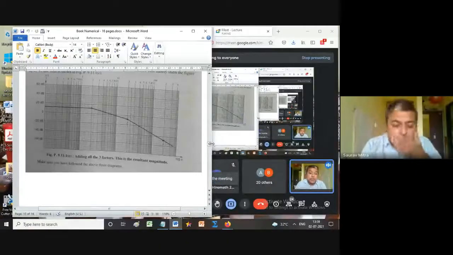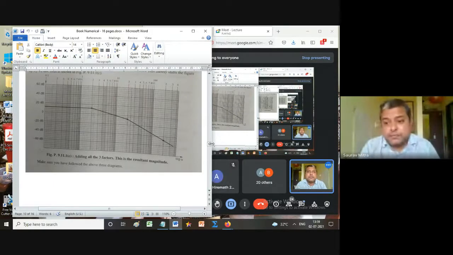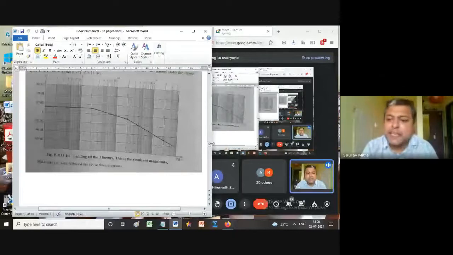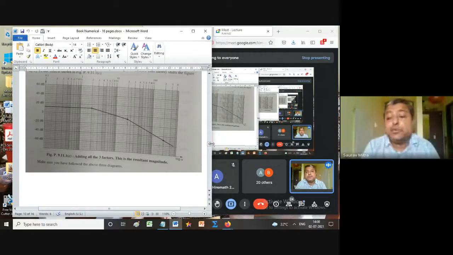Okay, so at omega GC, phase is minus 98 degree, which is 82 degree above minus 180 degree. Minus 180 degree is the phase unstable line. So at omega GC, we are finding phase as minus 98 degree, which is plus 82 degree compared to minus 180 degree.